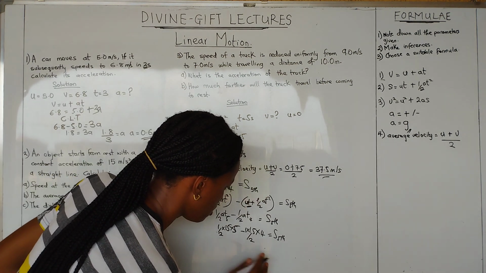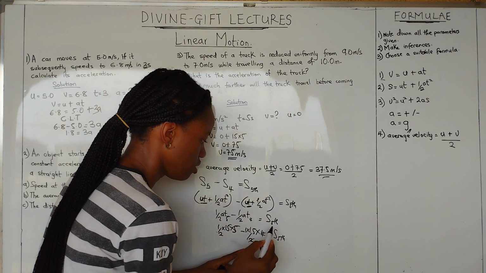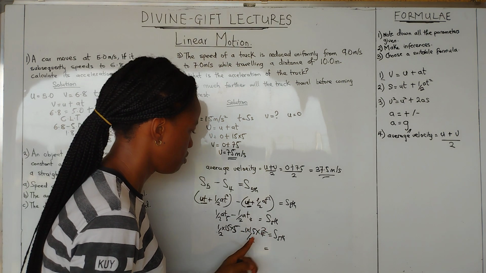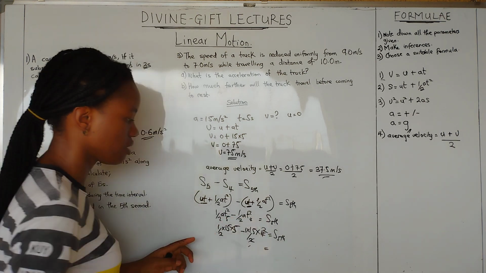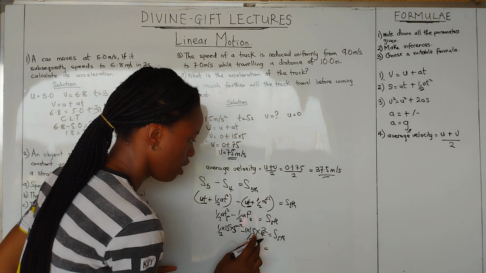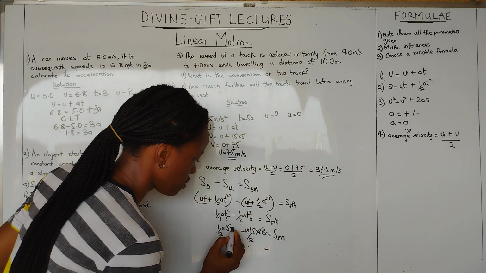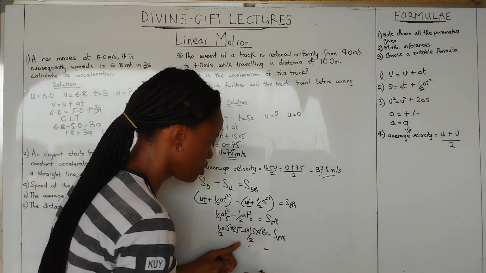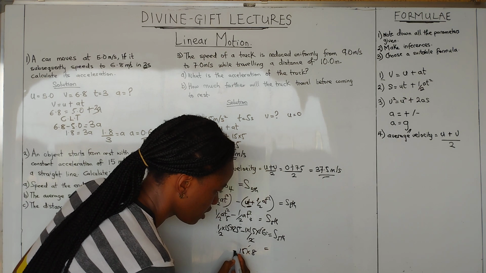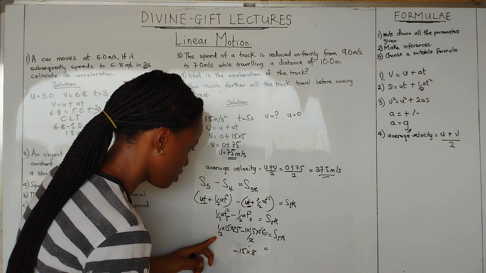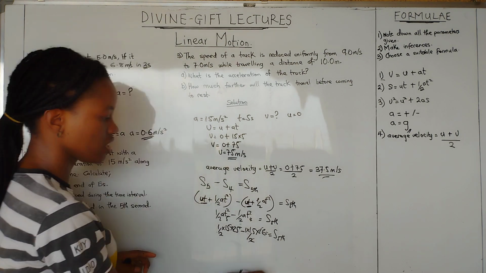Sorry, remember square. Forgot about that. So 5 square, 4 square. 4 square is 16. 5 square is 25. Half of 16 is 8. So we have 15 times 8. 15 times 8, okay? So I'm going to take it over.